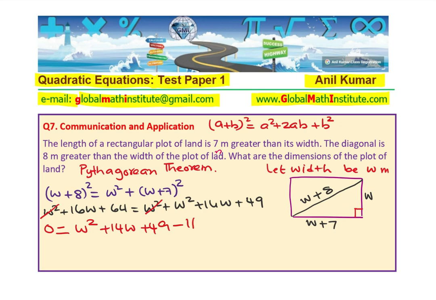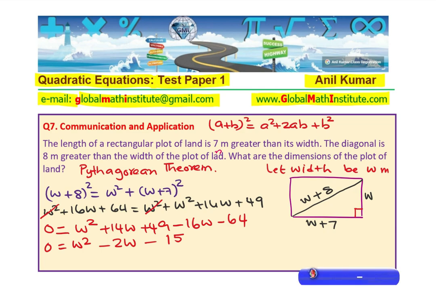Take away 16W and take away 64. So we have W square plus 14W minus 16W gives you 2W with a negative sign, and 49 minus 64 will give you what? So 64 minus 49, that gives you 15. So we have a quadratic equation, W square minus 2W minus 15.